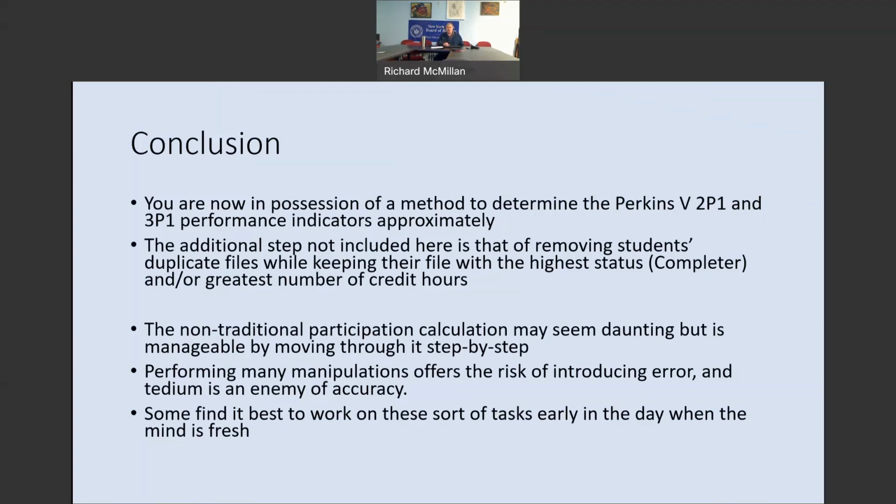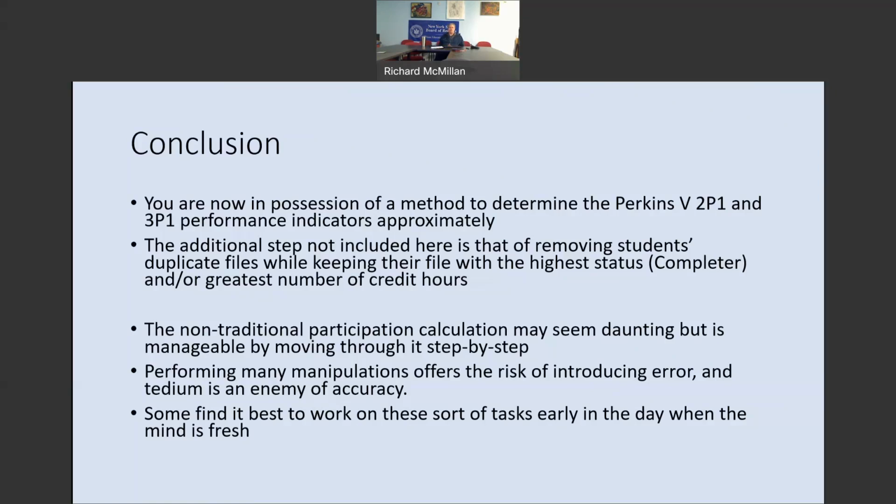The additional step not included here is that of removing students' duplicate files while keeping their file with the highest status completer and or greatest number of credit hours. And so this would be a step that you could perform if you like. But we don't recommend it because we're not training you to do that in this presentation.